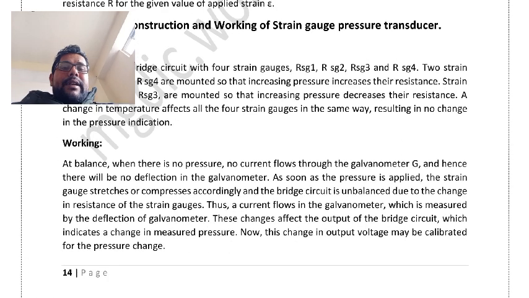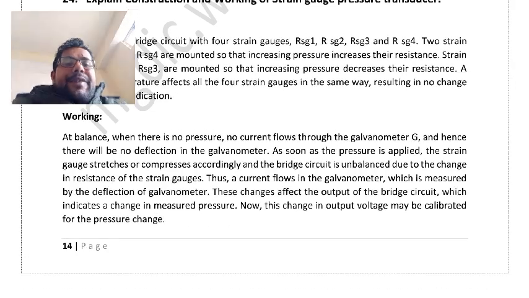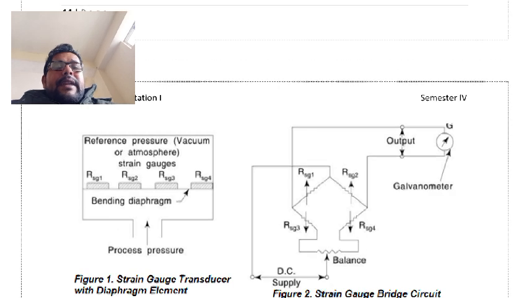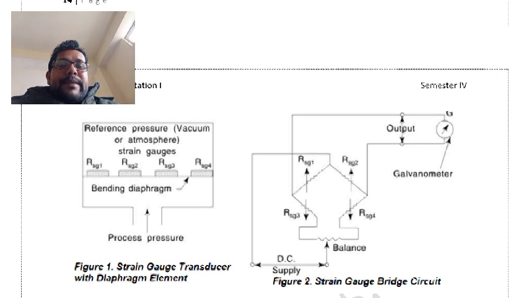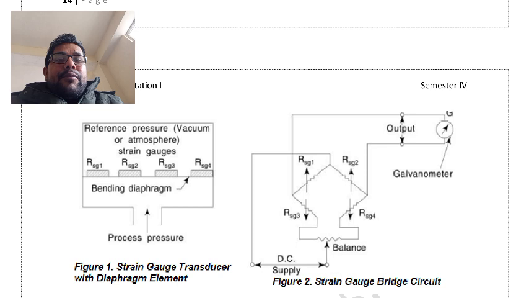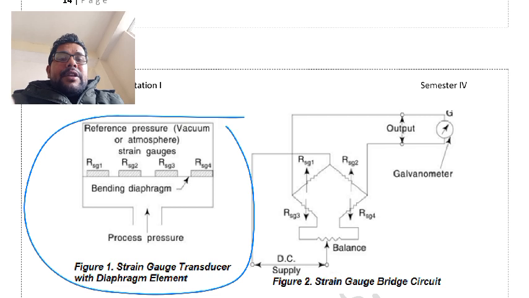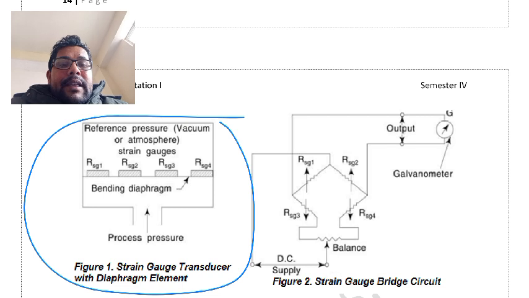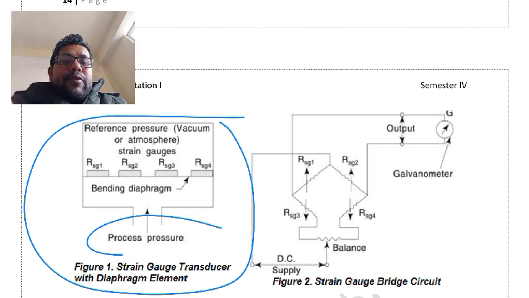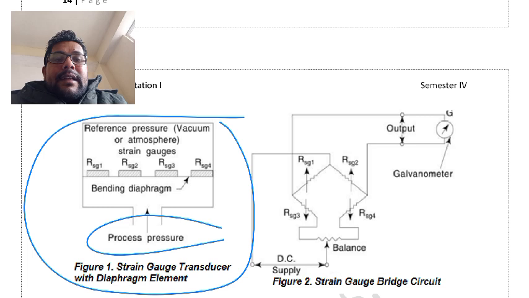So we can see one circuit diagram here. This is the circuit diagram for strain gauge pressure measurement, where the process pressure is applied from here. Then these are the resistances RG1, RG2, RG3, RG4.